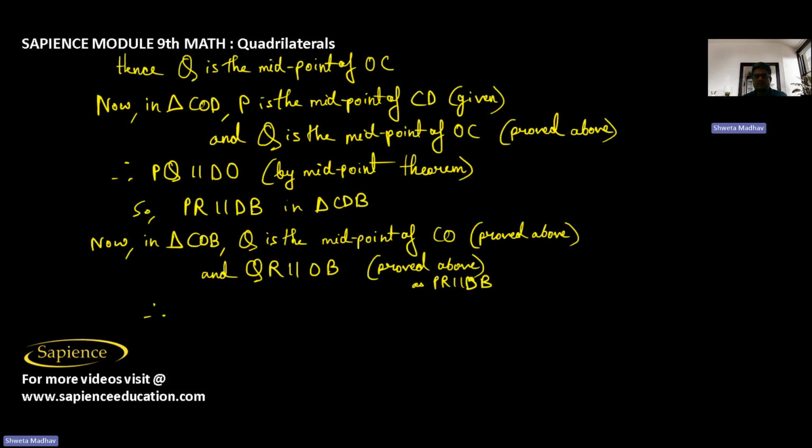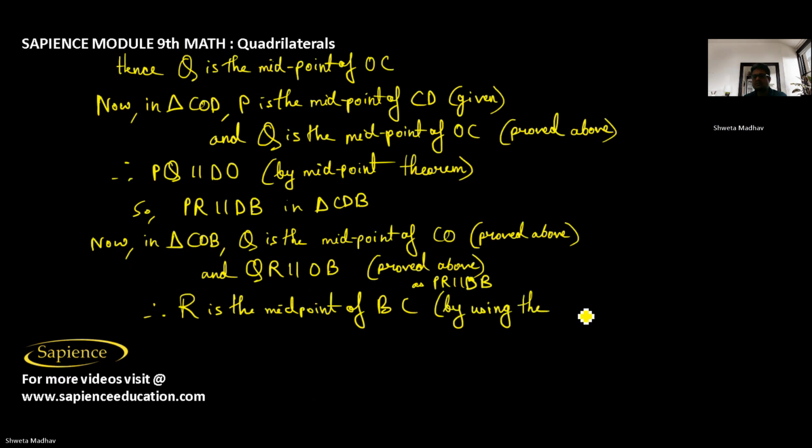So therefore we can say that R is the midpoint of BC by using the converse of the midpoint theorem. So hence proved.